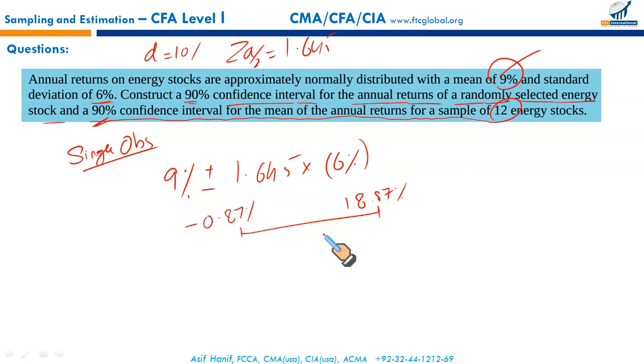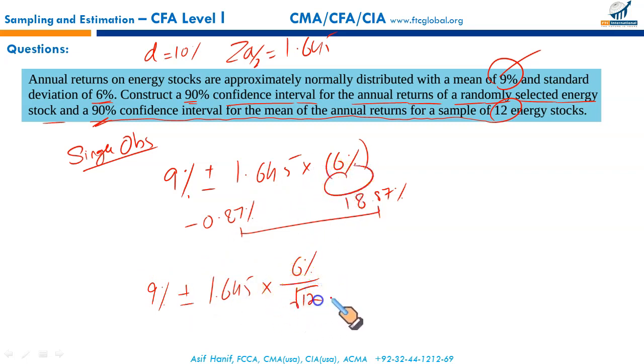If you take the population as a whole, then you use the full formula. What was the full formula? You use the point estimator plus minus 1.645 multiplied by the standard deviation. What was missing here? The sample size. Now if you simplify, your range will be 6.15% to 11.85%.